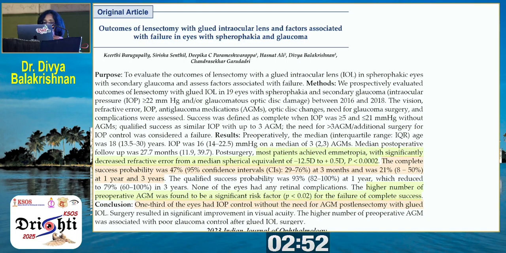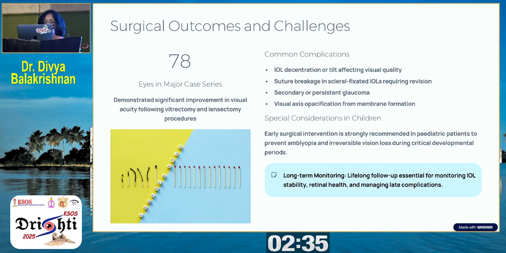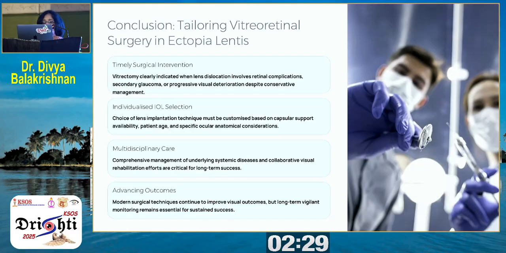And this was one of our own publications, where we did lensectomy and vitrectomy for all these kids. But this group had advanced disease and was on maximum medication. Even in these kids, 21% over 1 year could get controlled with the surgical procedure. So surgical outcomes are very good, both in terms of control of IOP and also best corrected visual acuity.